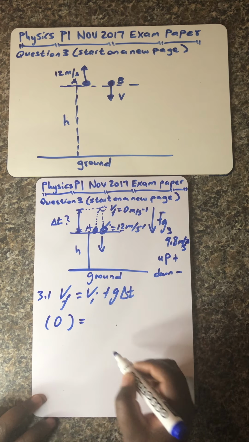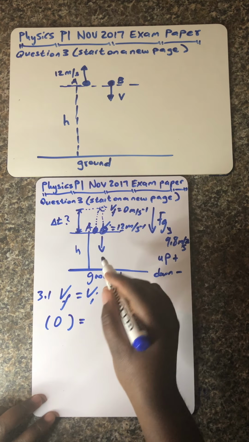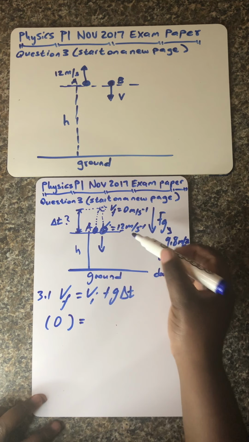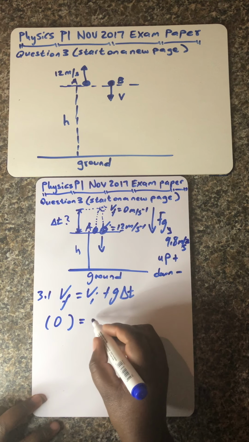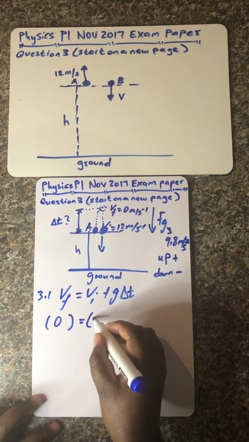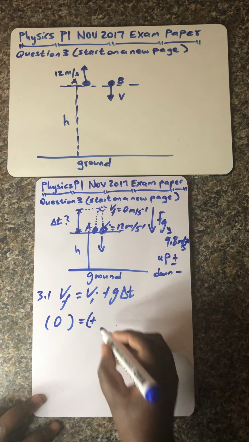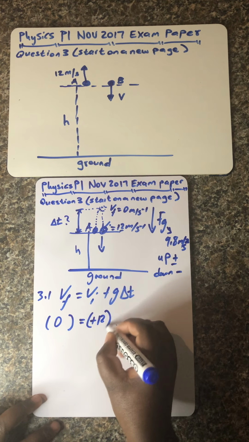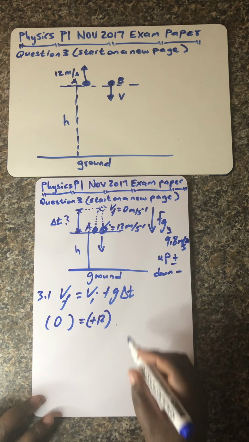So what is the initial velocity of that stone A? It's projected vertically upwards at an initial velocity of 12 meters per second. And remember, because it's going up, we say positive 12 meters per second. No need to substitute the units in the brackets.